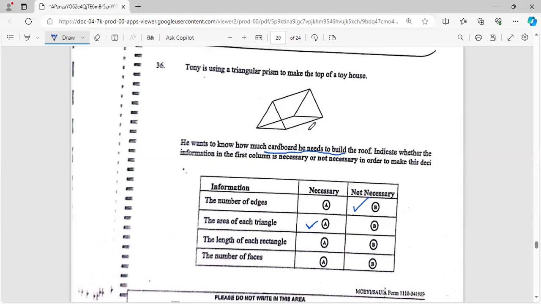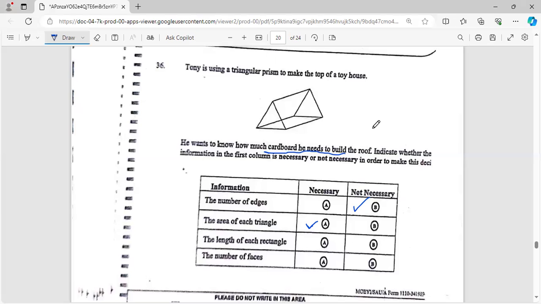But the other question is about the rectangle. The length of each rectangle. Yeah, that's necessary. Unnecessary still, because it could be that the roof is designed to fit exactly like that. So we know exactly the area. There's three rectangles and two triangles.